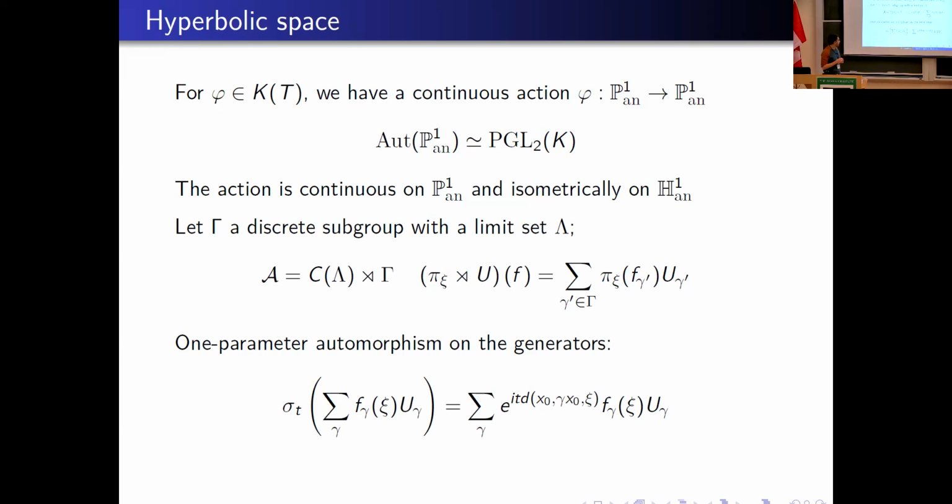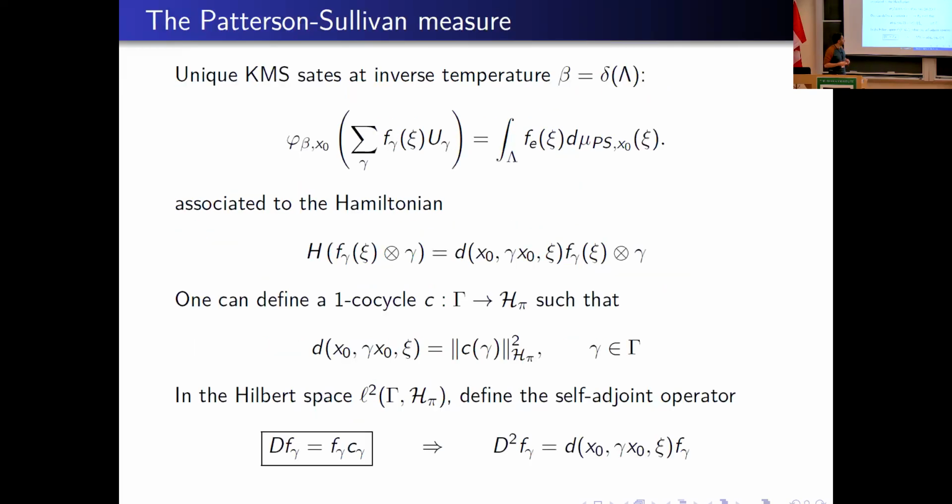And in that case, you have an interesting one-parameter automorphism group given by this. And this automorphism group has a unique KMS state at inverse temperature beta equal to some number delta, which is related to the dimension of your set. And actually, this KMS state is known to be the Patterson-Sullivan measure.